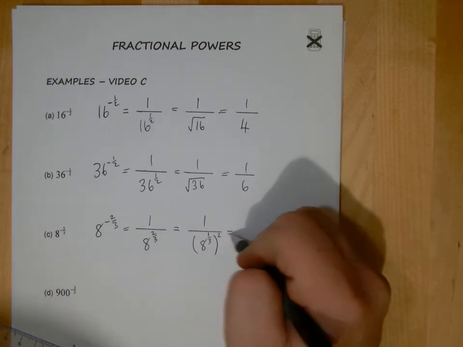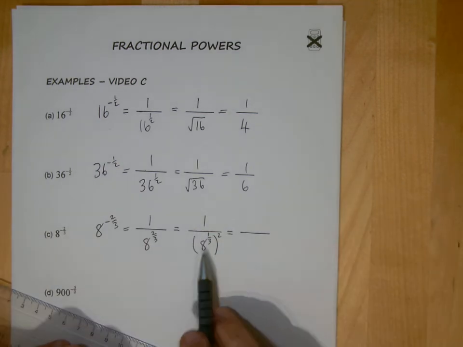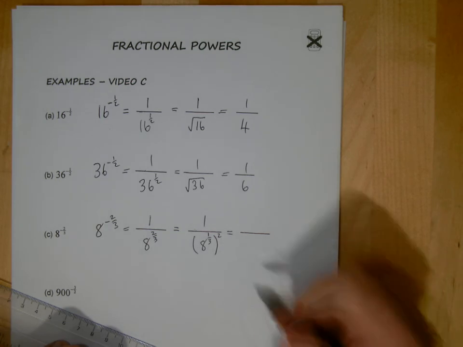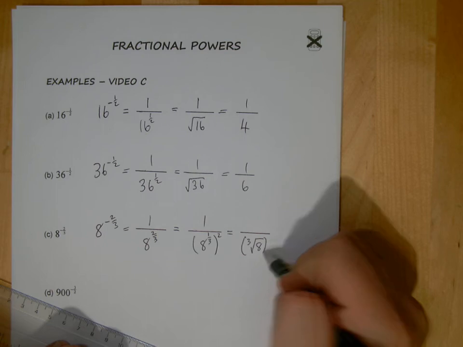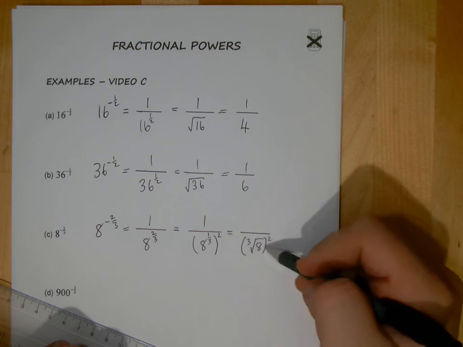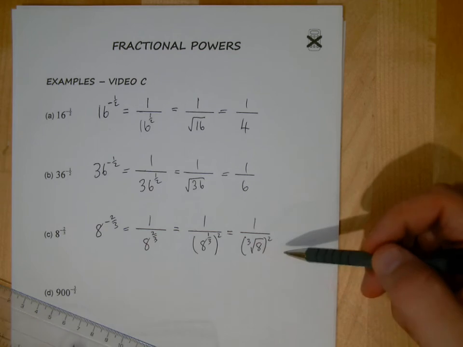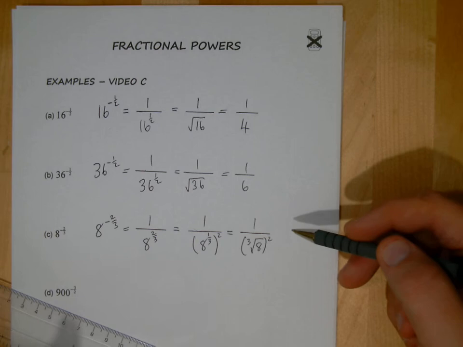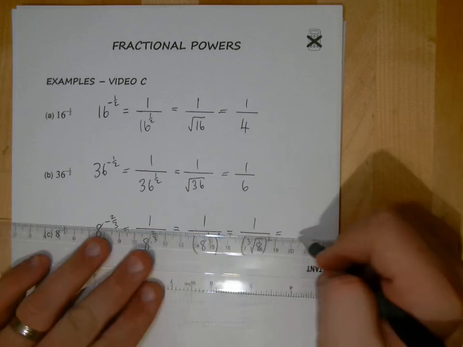Then in that bracket, you've got power third, and from the first video, power third just means cube root. So the cube root of 8, which is 2, because 2 times 2 is 4, times 2 is 8.